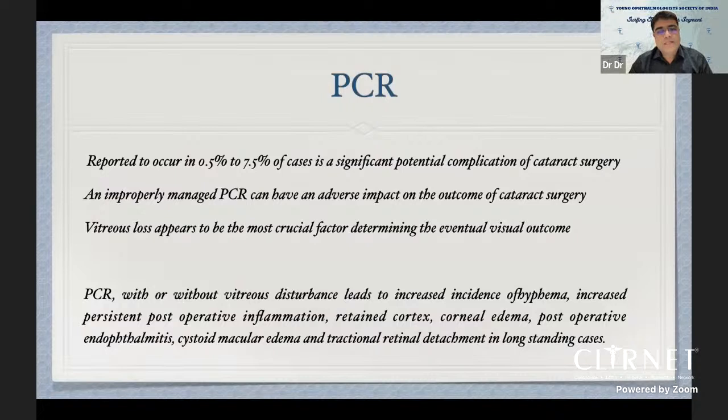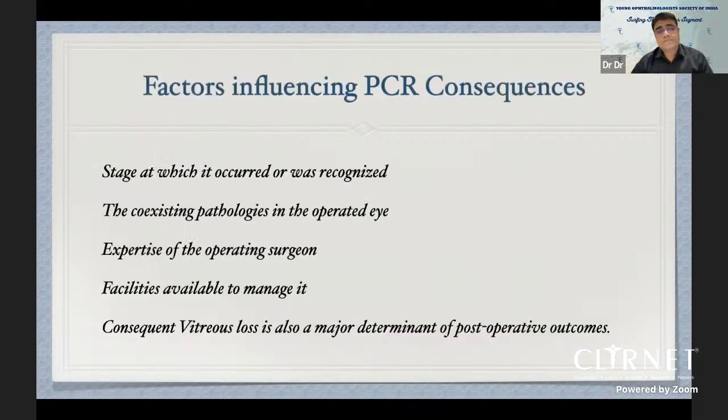PCR with or without vitreous disturbance can lead to increased incidence of hyphema, persistent post-operative inflammation, retained cortex, corneal edema, post-operative endophthalmitis, CME, and tractional retinal detachment in long-standing cases.